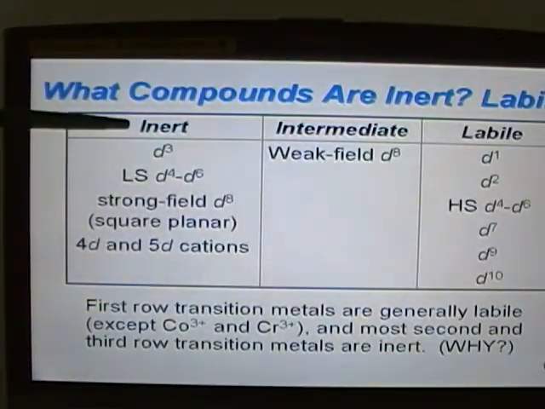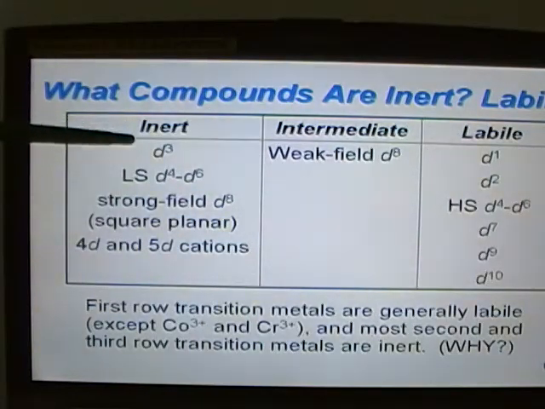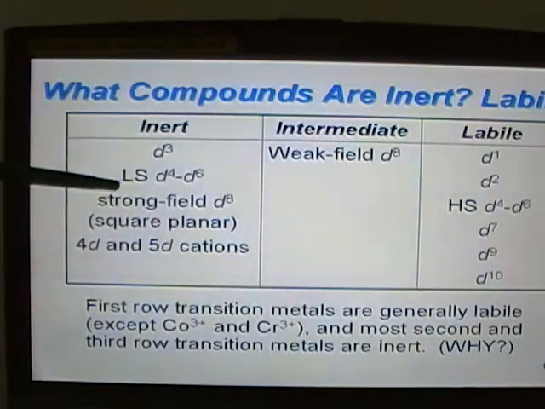Transition metal cations that will form inert compounds generally have d3 electron configurations, low spin d4, d5, and d6 electron configurations, strong field, which is low spin, d8 electron configurations in the square planar conformation, 4d and 5d cations. So anything below the first row generally forms inert compounds, or the first row of transition metals forms inert compounds.